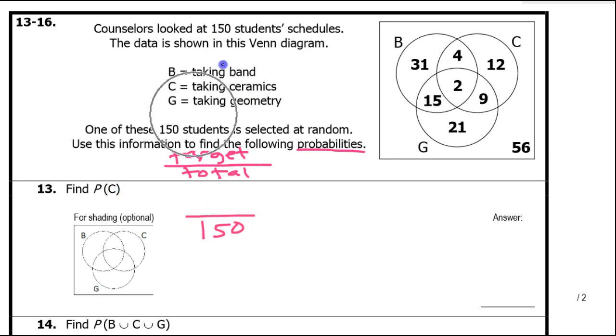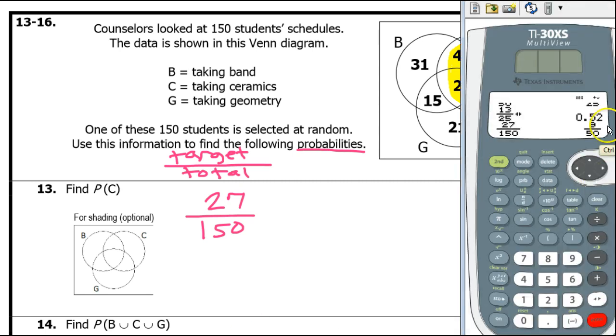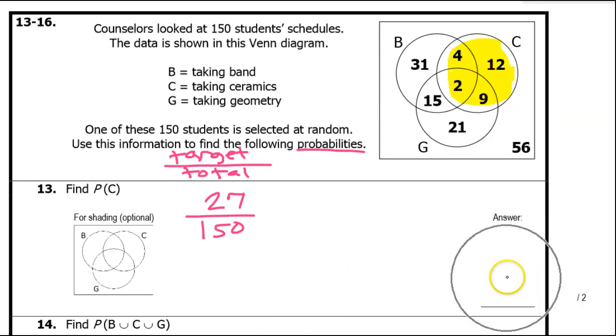So the target is ceramics. So here is the ceramic circle. If I add all those up, that's 27. So 27 over 150, and that reduces down to 9 out of 50.